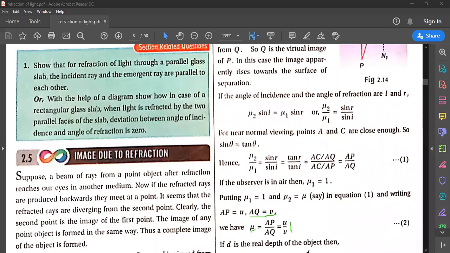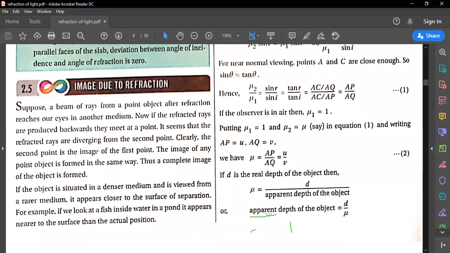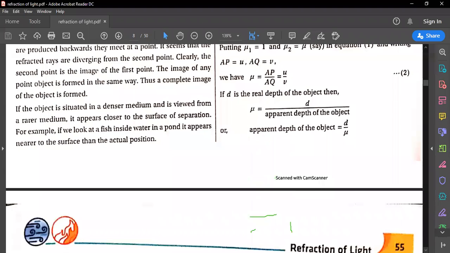From here we can also find the apparent depth of the object. Apparent depth of the object is d by mu, where d is the real depth of the object.